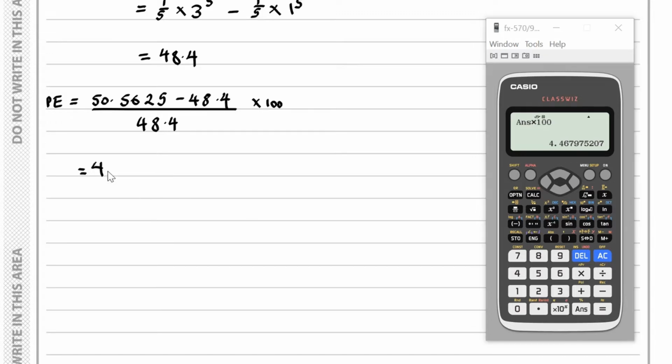We get a value of 4.4679, etc. So to 3 significant figures we have 4.47% to 3 significant figures.